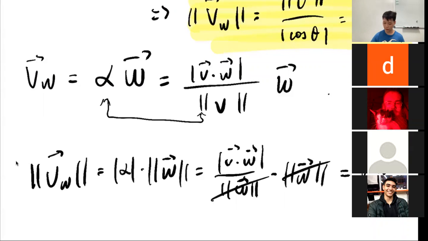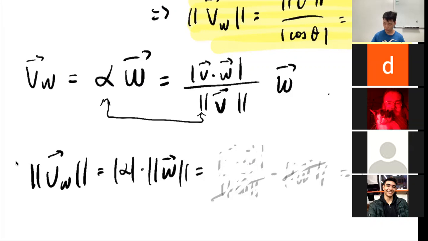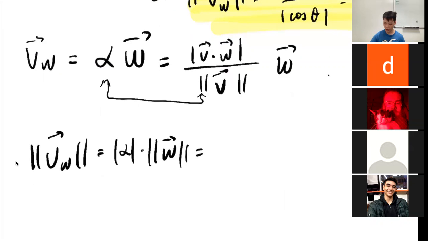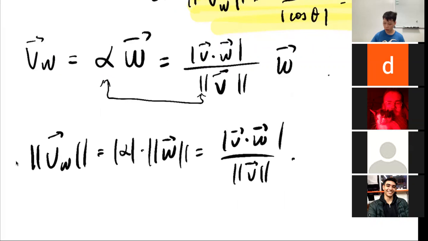This is actually V. Sorry. Oops. So the absolute value of alpha is V dot W divided by the length of V, times the length of W.